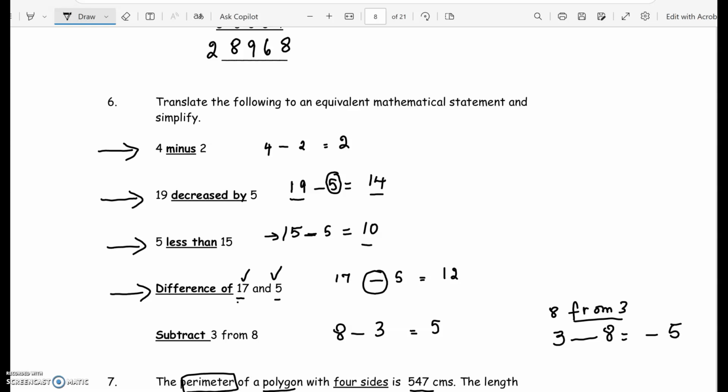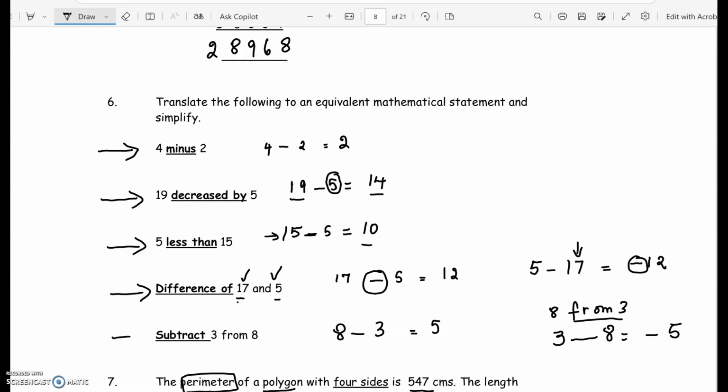Now, what if the question said the difference of 5 and 17? Then you would go 5 minus 17, and in this case 17 is larger than 5, so it's a negative number. So you have to be careful with the order. Subtraction is not commutative. You cannot switch the numbers without making a difference.